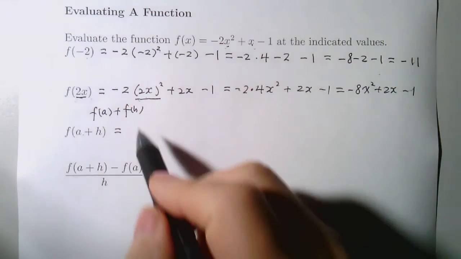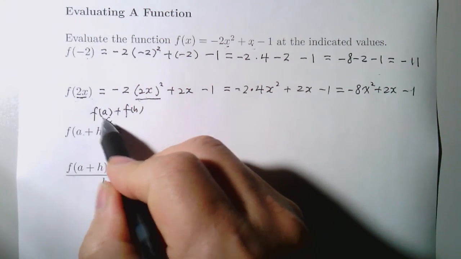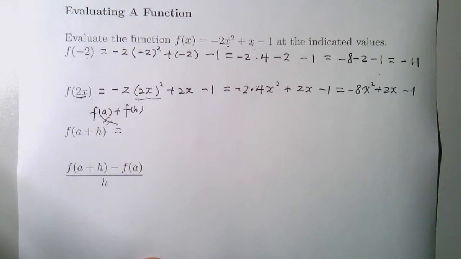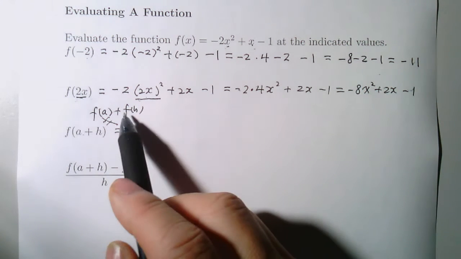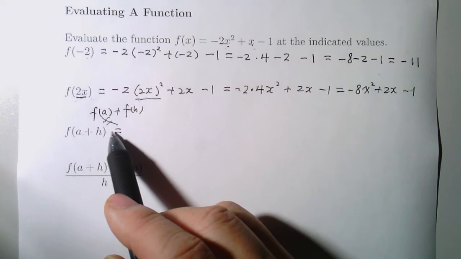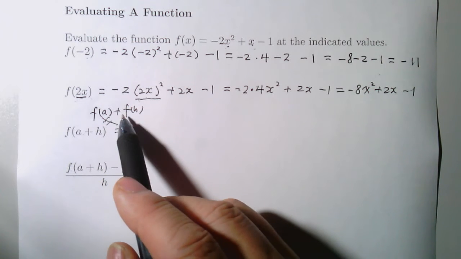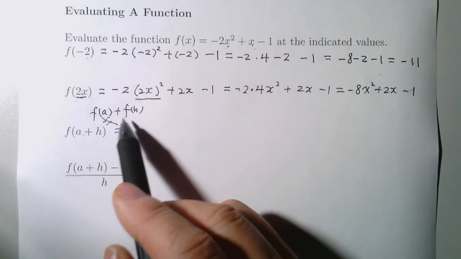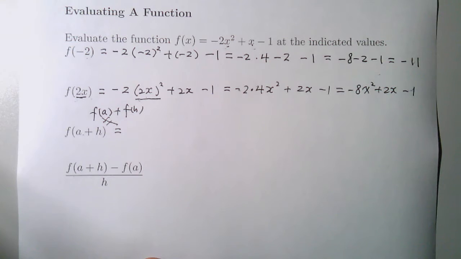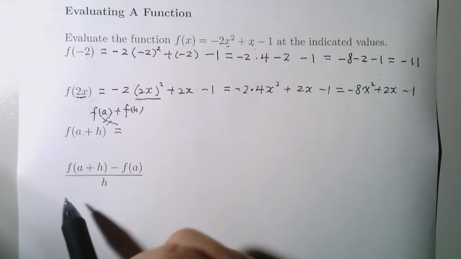The answer is no. They are not equal. Most of the time they are not equal. For some special kinds of functions, maybe f(a + h) equals f(a) plus f(h), but normally they are not equal.